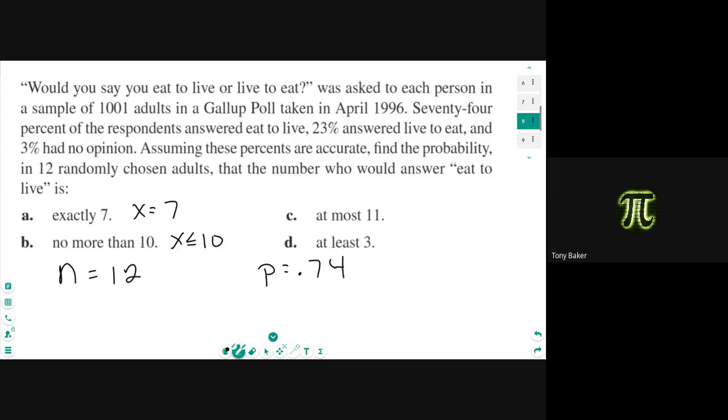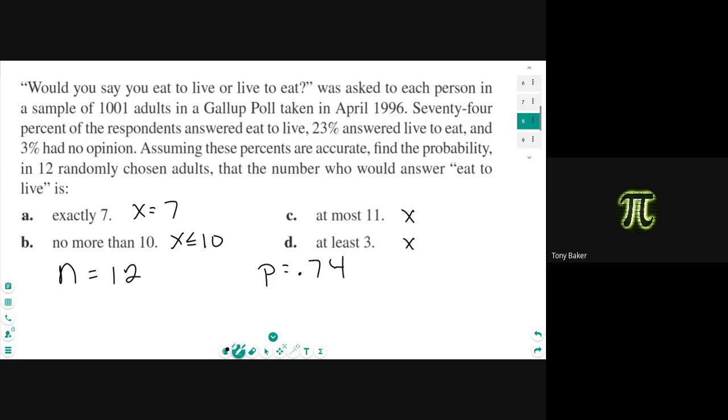At most 11. Less than or equal to, greater than or equal to, less than or greater than. There's only 5 options. Which one?